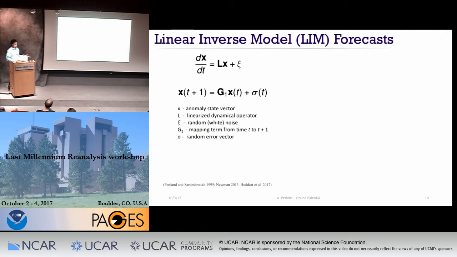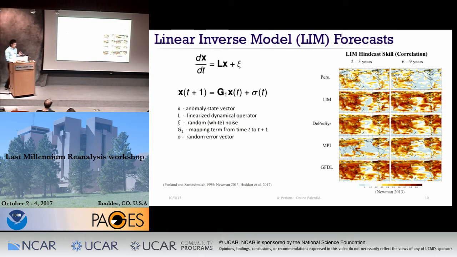Next question, does it have skill? There's a really cool study by Matt Newman, who I believe is in the audience. Nice to meet you. He was looking at hindcast skill of these linear inverse models at forecasting surface temperature over the instrumental record on 2 to 5 year and 6 to 9 year timescales.